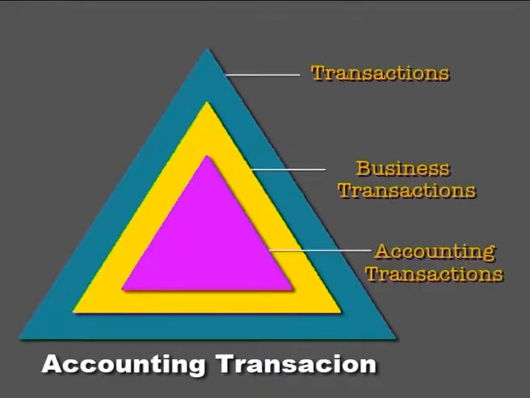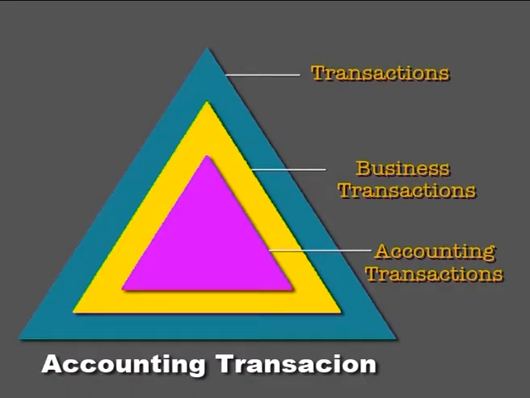That means it brings you to 3 different terms: business transaction, accounting transaction, and simply transaction. Now, what is the difference between these 3? Let us say when you have a transaction with you, if it is related to business, it is a business transaction, but then is it an accounting transaction also? It will be decided by the condition: is this business transaction monetary in nature?